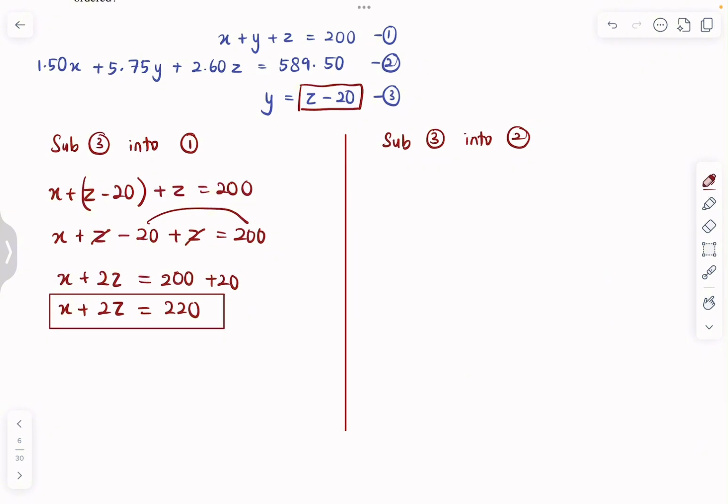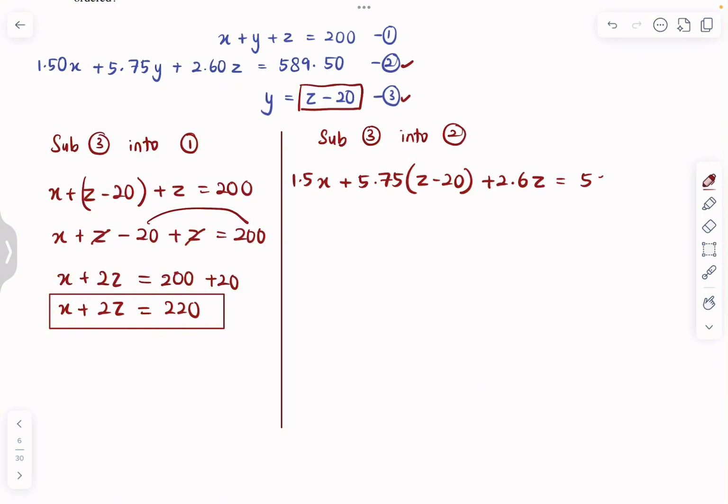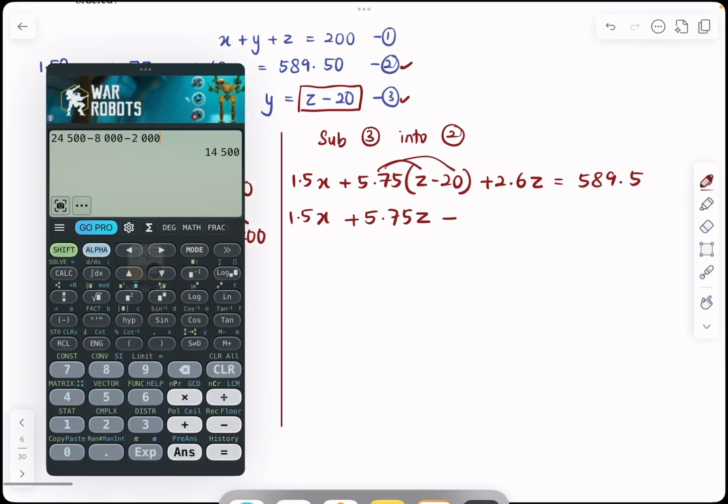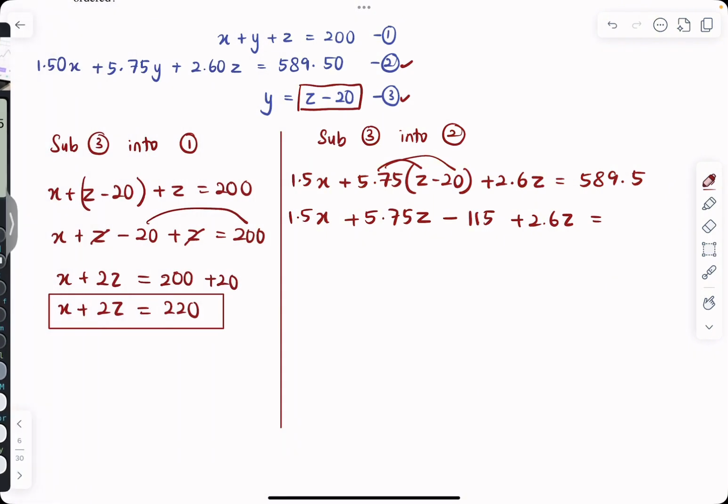Then we substitute 3 into 2. We get 1.5x plus 5.75 times (z minus 20), plus 2.6z equals 589.5. Then we expand this: 1.5x plus 5.75z, then 20 times 5.75 is 115, plus 2.6z equals 589.5.